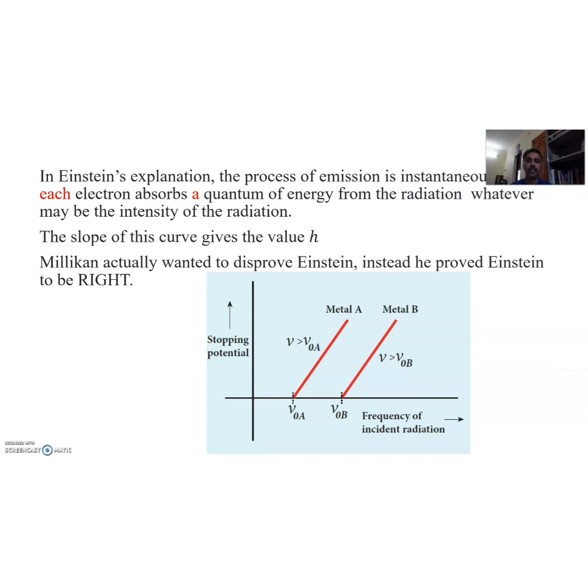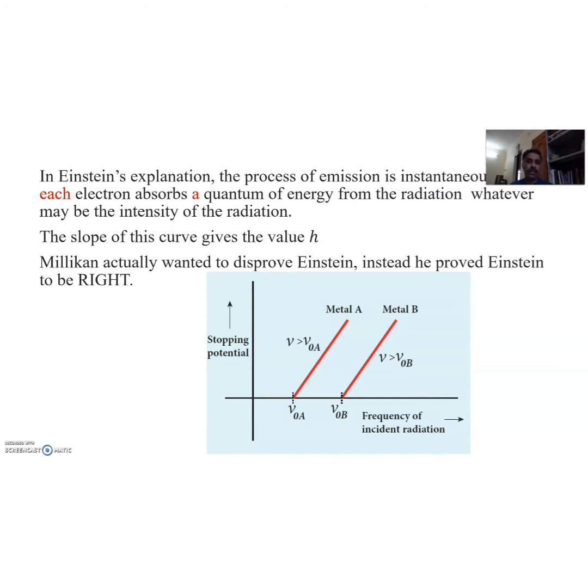This is an instantaneous process, whatever may be the intensity. Even for a dull intensity beam, if the energy of the incident radiation is h nu, and this h nu is greater than the work function, then instantaneous emission of electrons takes place.